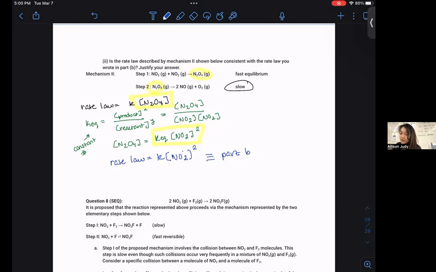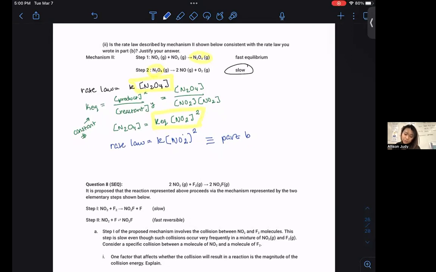We also see that it matches our overall reaction, and that it is consistent with part B.